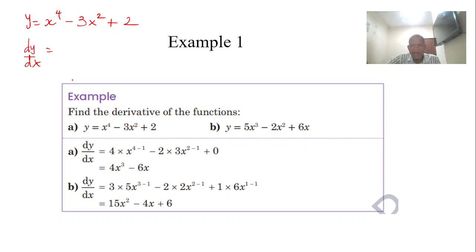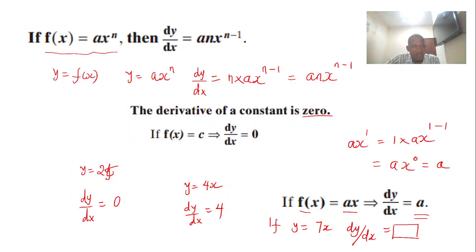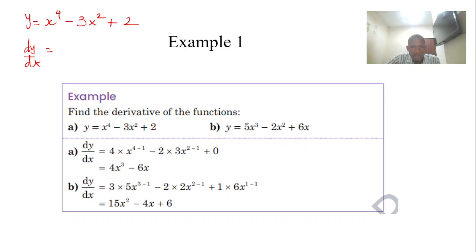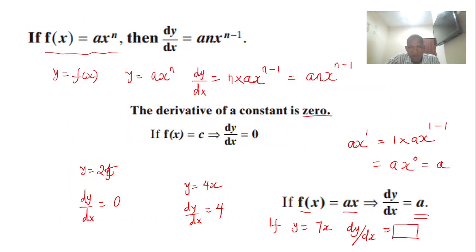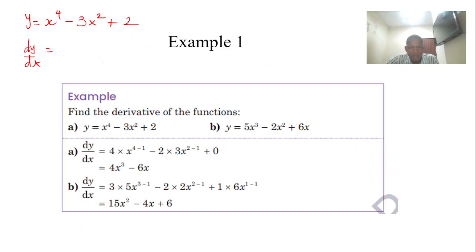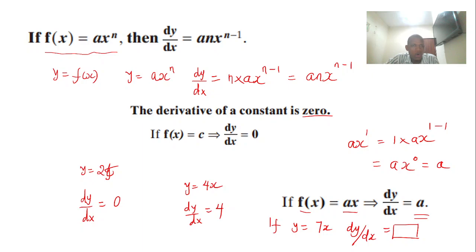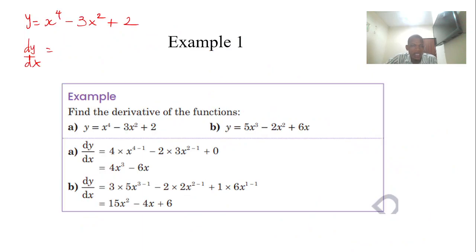Now I'm going to apply the first law. Don't forget the law. The law says if you have x to the power of 4, you bring the 4 to the front, then you have x to the power of 4 minus 1.